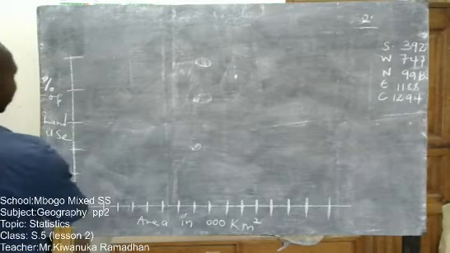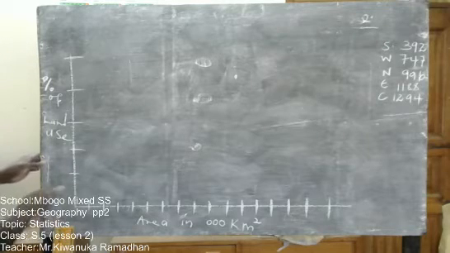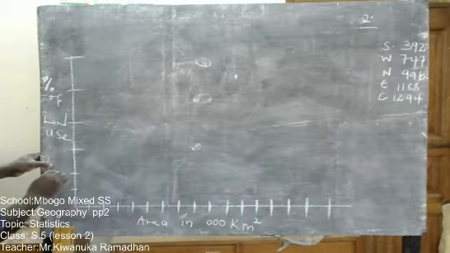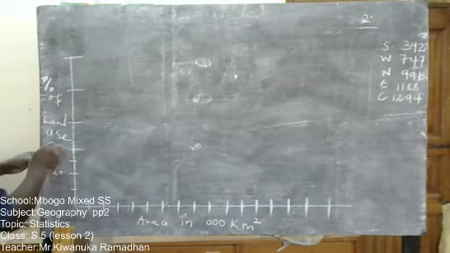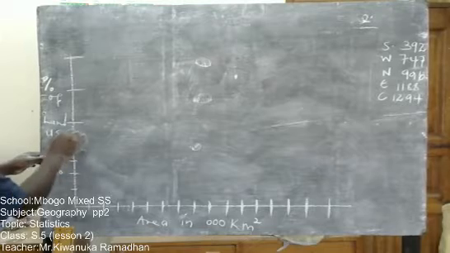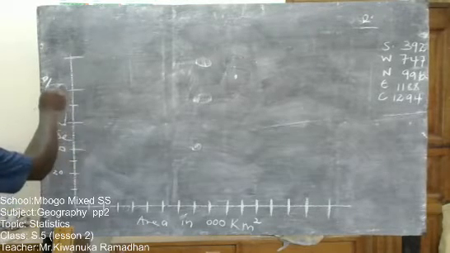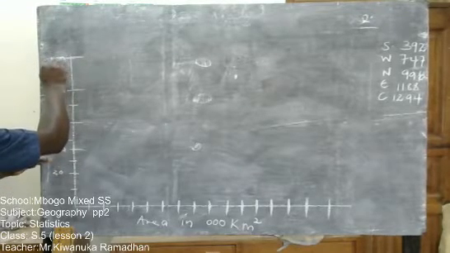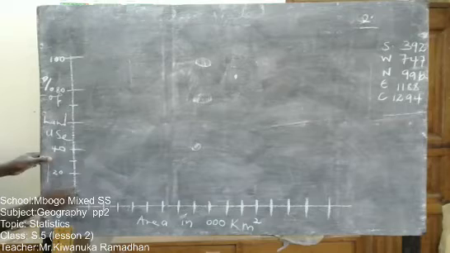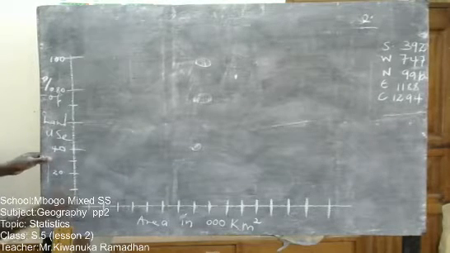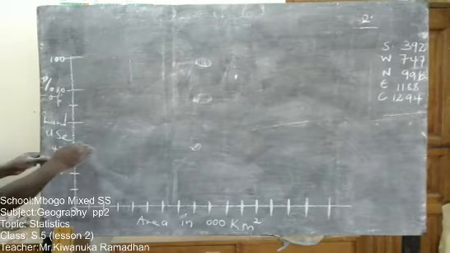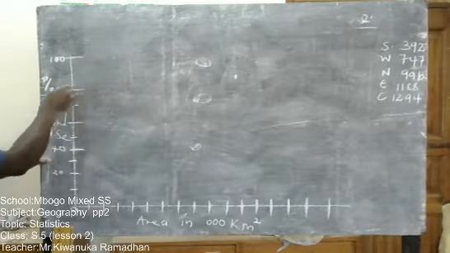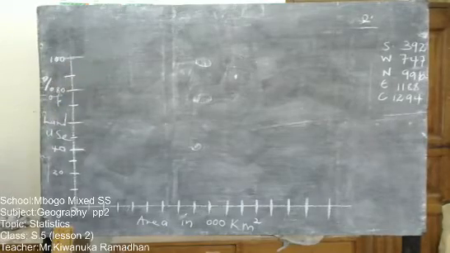Our scale, here we say that 10%. So this is 10%. This one becomes 20. That one becomes 40, 60. This one becomes 80. Then this one becomes 100. This is 1 centimeter, 2, 3, 4, 5, 6, 7, 8, 9, 10.